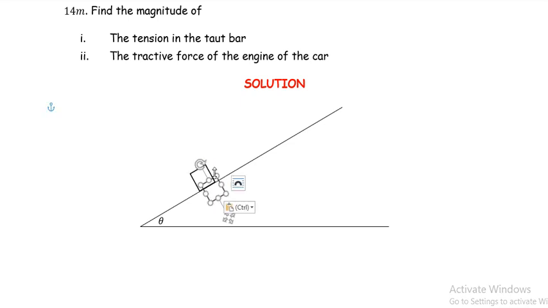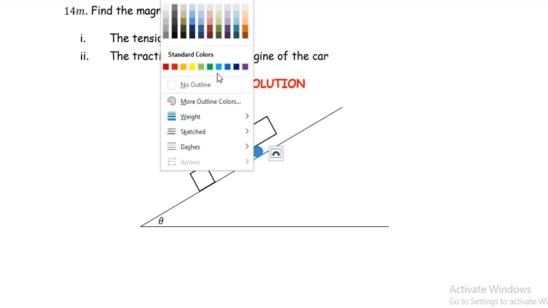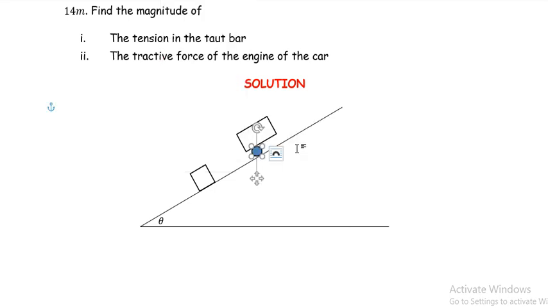So here we have a car. Now we have a rope that is connecting the car to the carriage.